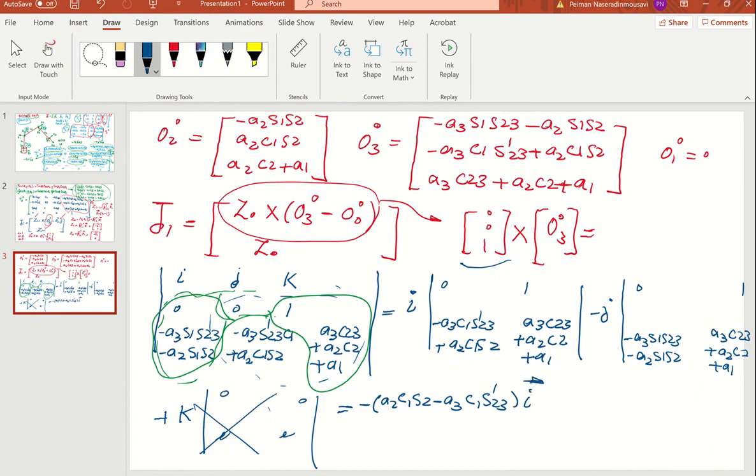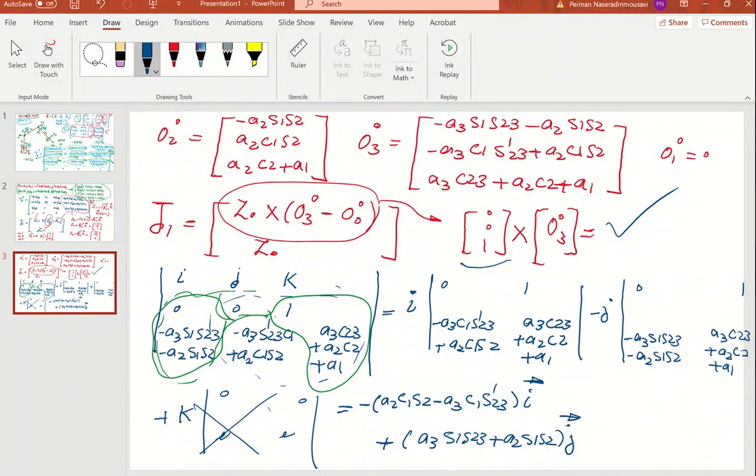Now plus a3 sine 1 sine 23 plus a2 sine 1 sine 2 in j. So we got that. On the other hand, a3 cosine 1 sine 23, I want to double check why I wrote minus here.